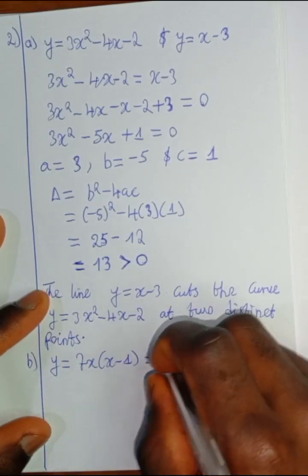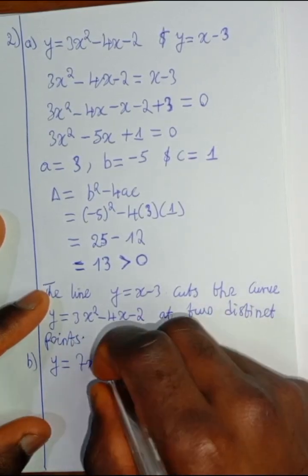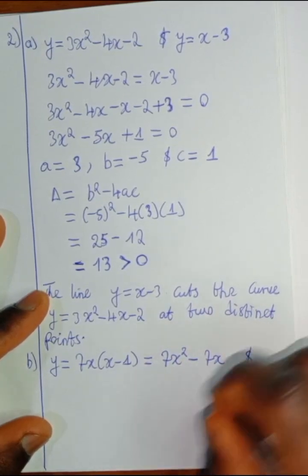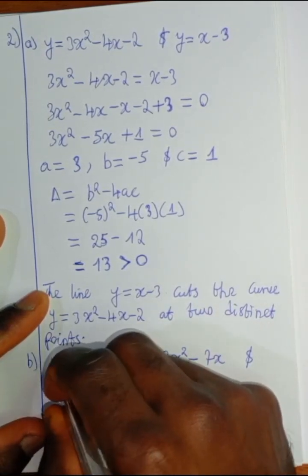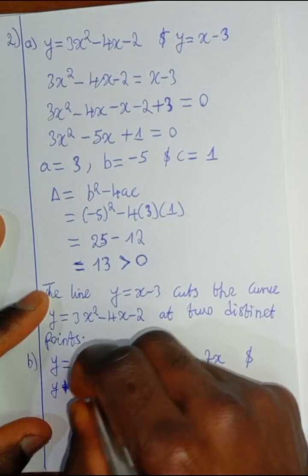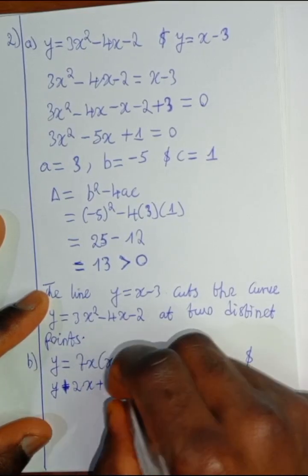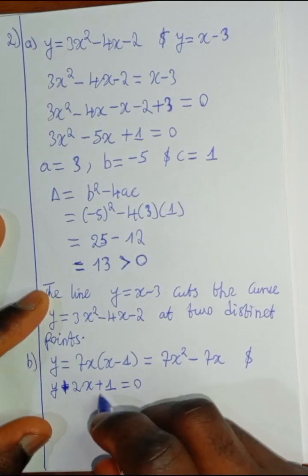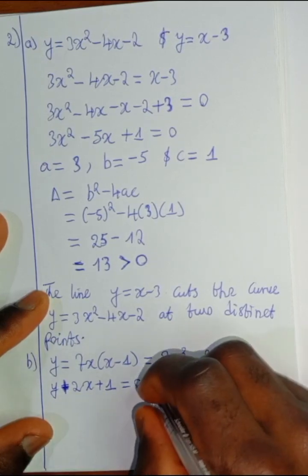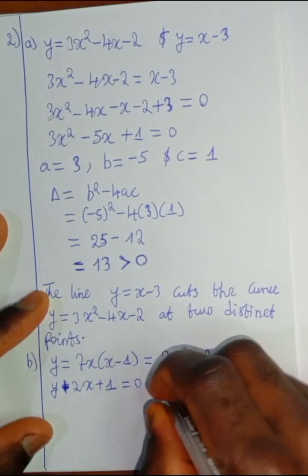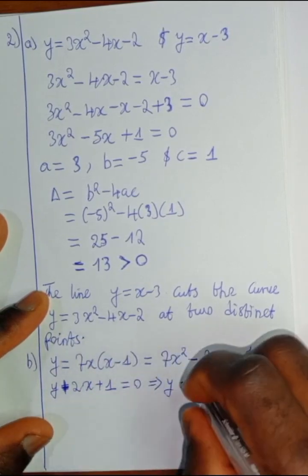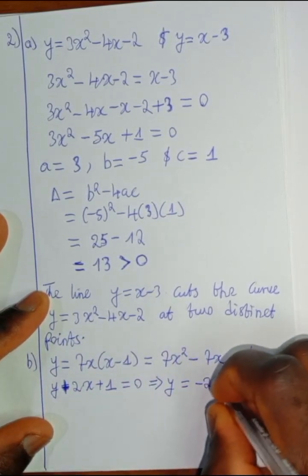We know that this is the same as 7x squared minus 7x, and the line y plus 2x plus 1 equal to 0 is the same as y equal to, if we transfer 2x to the right hand side, it becomes negative 2x.